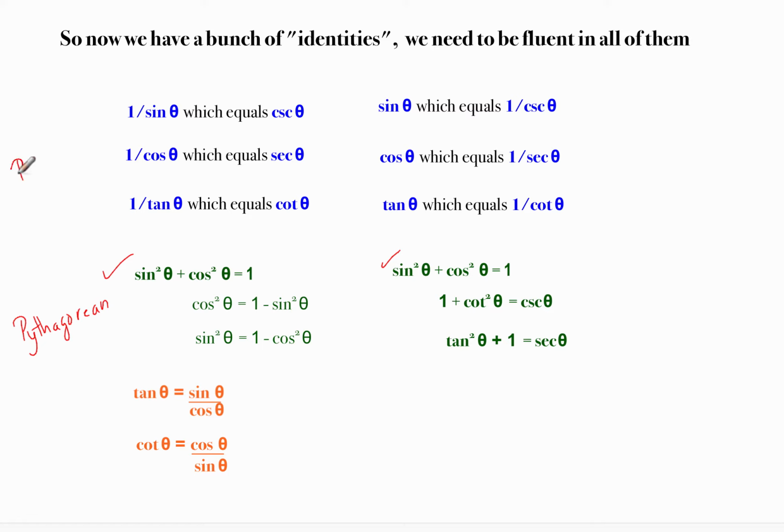These are our reciprocal identities because they're the reciprocals. And then the tangent is sine over cosine, and the cotangent is cosine over sine. These are technically, one is the reciprocal of the other, but they're thrown in there.